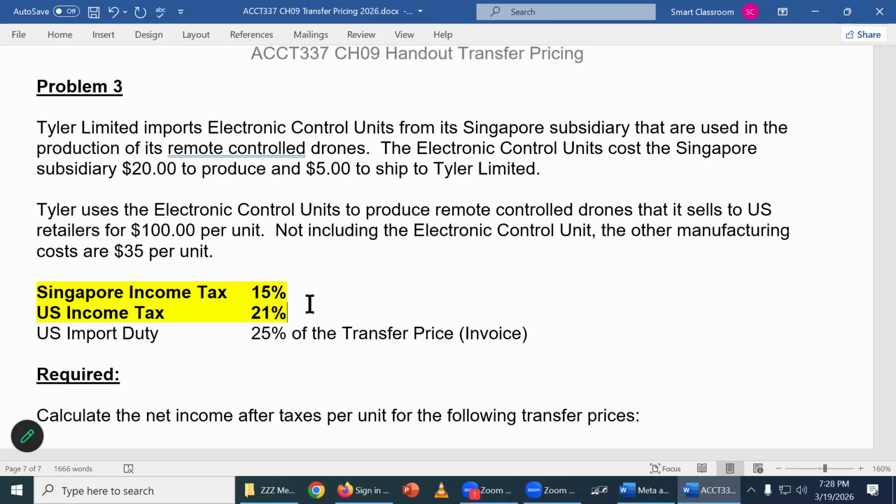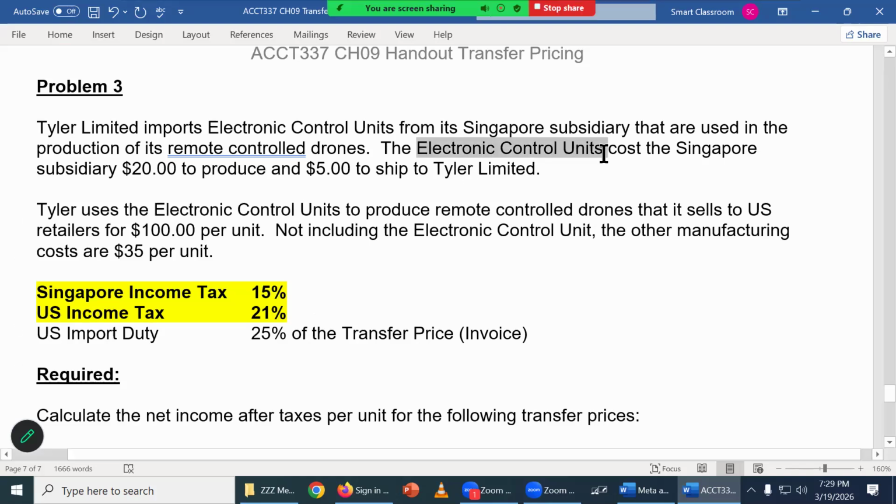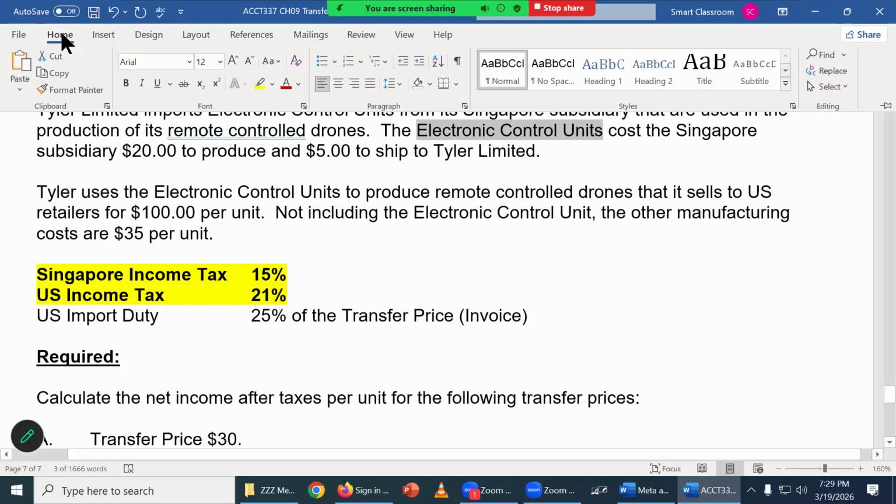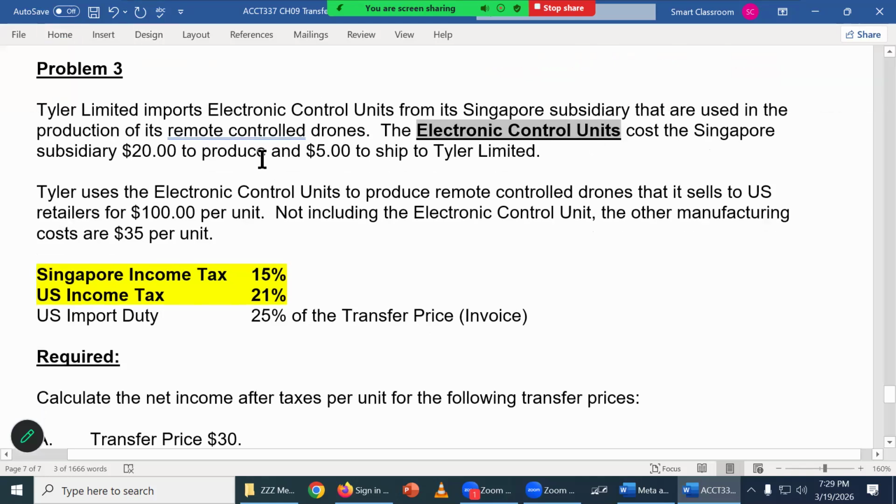Okay, so they have these drones they're making, and there's the part that goes into them, the electronic control units. They cost $20 to produce and $5 to ship.